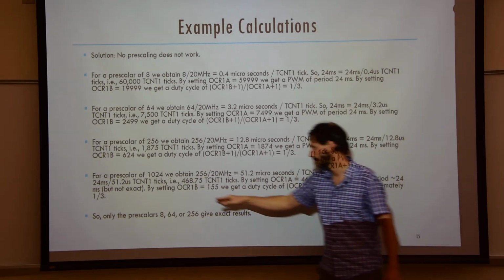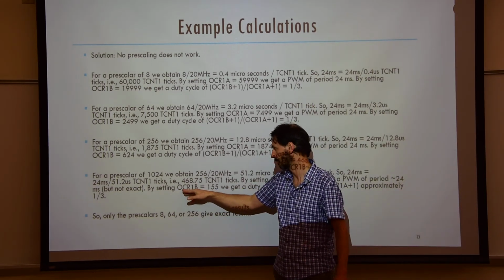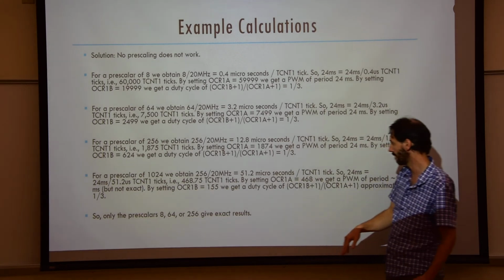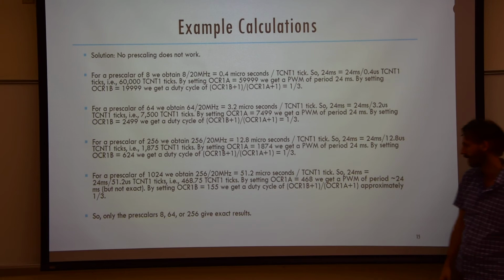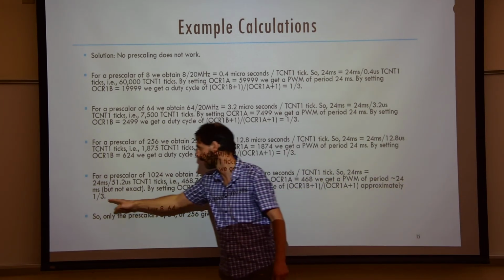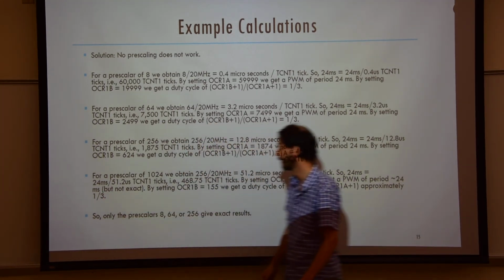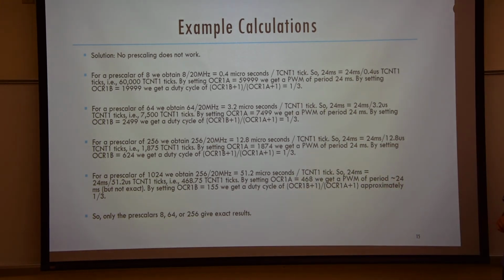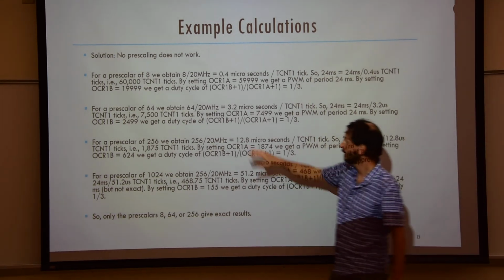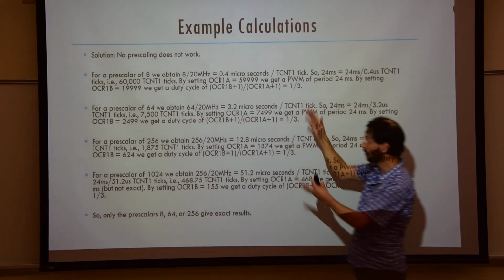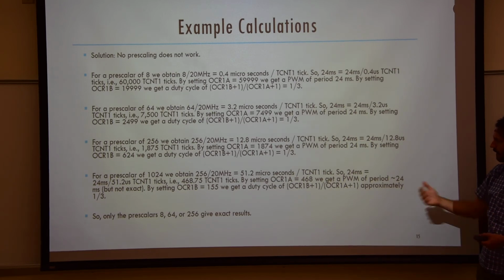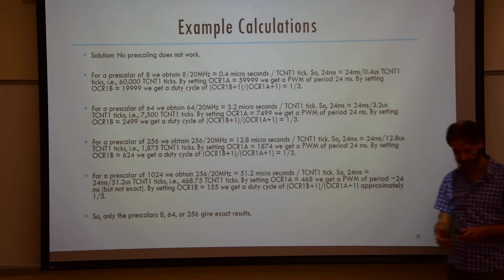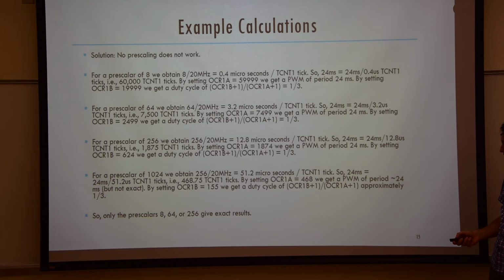And it also turns out that with the best possible OCR1B value of 155, you get approximately a duty cycle of 1/3, approximately 1/3 of the time you will be high. So only the 8, 64 and 256 give you the exact results. Hopefully this will help you calculate these things and set the prescaler according to what you need.